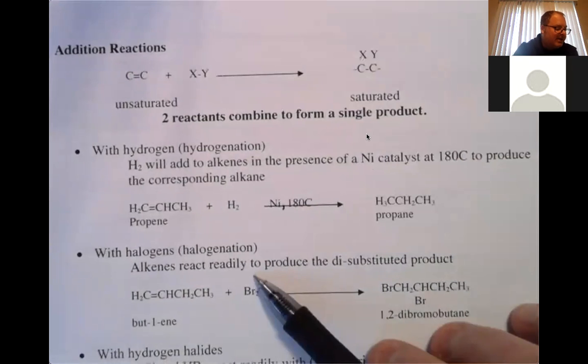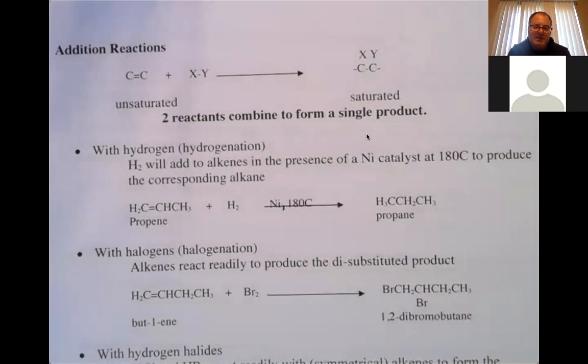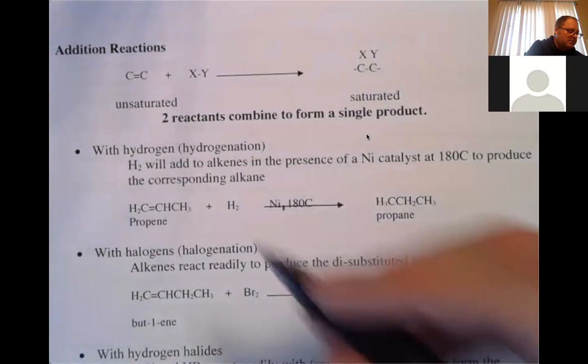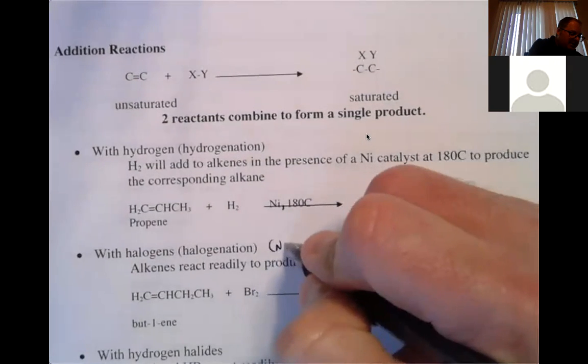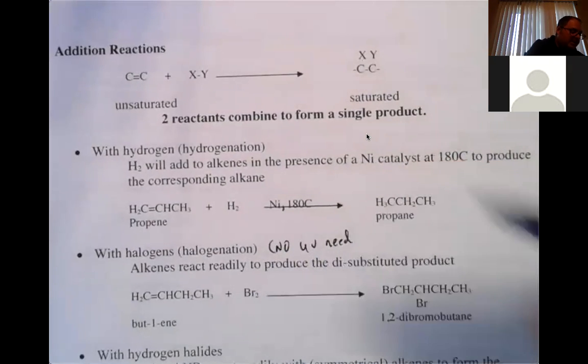So halogenation here, it's kind of cool. You don't actually need the UV light. So this can actually happen in the dark. For alkanes, you need it. For alkynes, no UV needed. For alkenes, yeah.